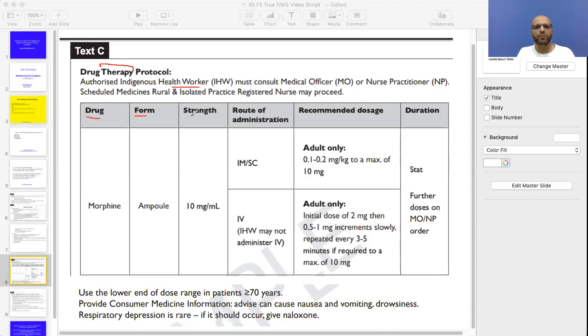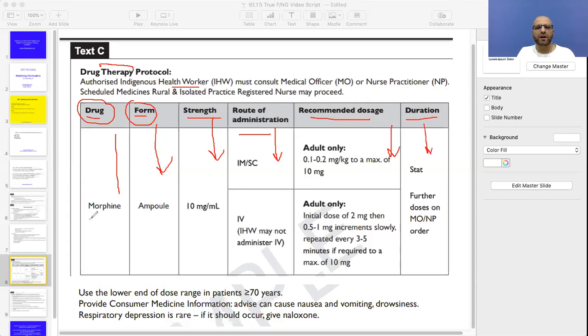Drug, form, strength, route of administration, recommended dosage, duration. I mean, this is the title of each column. So this column talks about drugs. This column talks about the form of the drug, its strength, and the route of administration, the recommended dosage, and the duration.